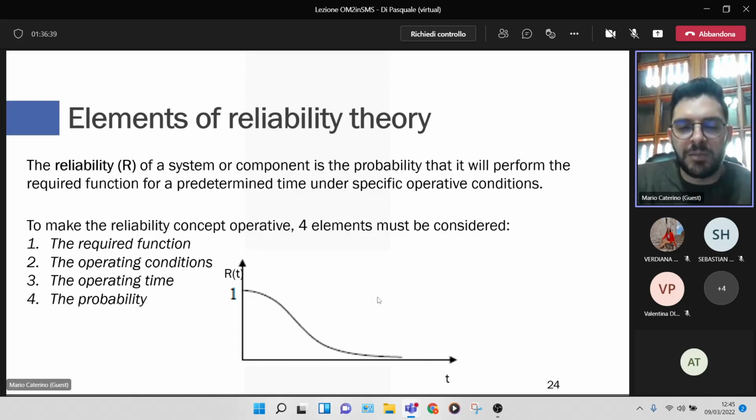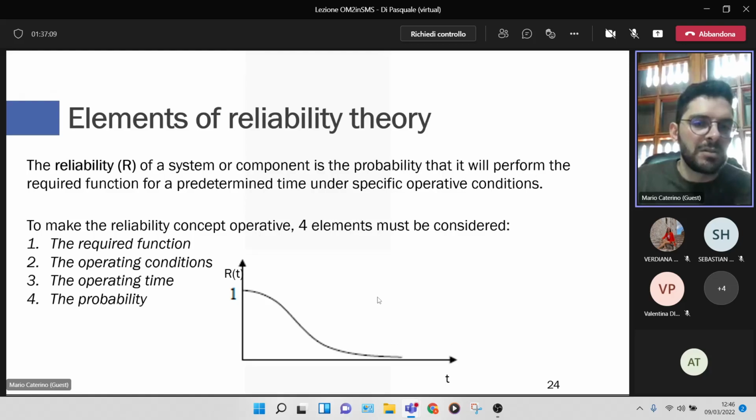The operating time, as you can see also in the figure, is the time in which we consider a system reliable, and obviously, the reliability decreases over time, starting from a value of 1, where this value indicates simply that a new system at time 0 is starting to work.